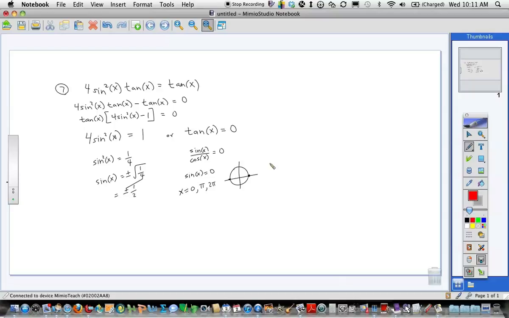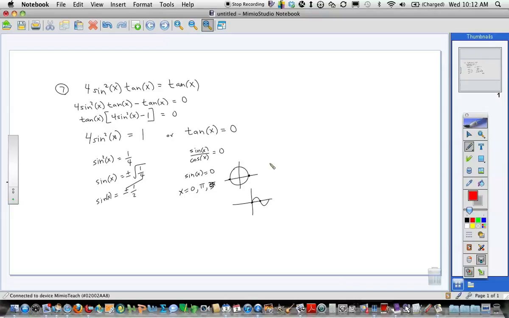We did not include 2 pi, because that's the same as 0. So 0 and pi, there's 2 of our solutions right there. Now I also could have graphed the sine graph and asked myself where sine equals 0, which is at 0 and at pi, and we said we weren't including 2 pi. So either one of those could have answered that question. All right, where does sine equal plus or minus 1/2?